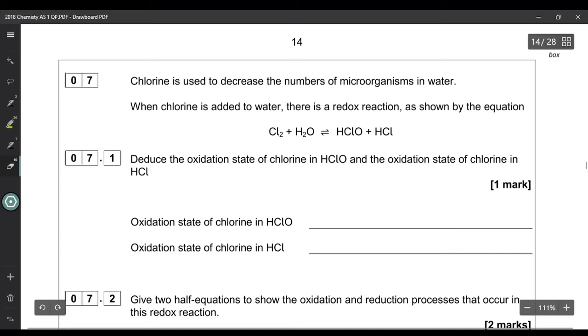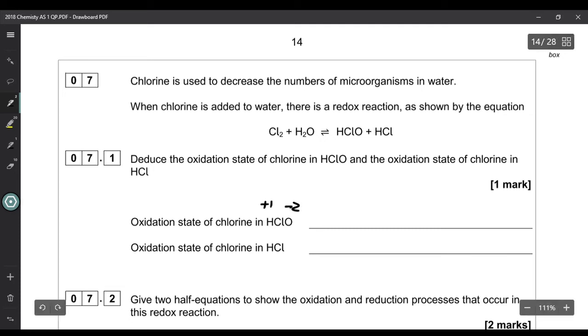For example, when does oxygen have -2, when does hydrogen have +1, etc. So in this case, we know that the oxygen is going to be -2, and we know that hydrogen is going to be +1.